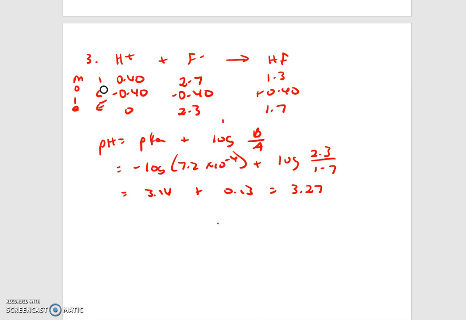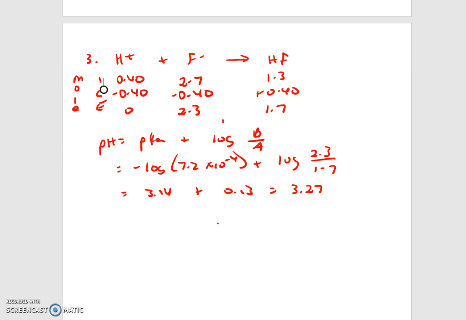Hydrochloric acid is a strong acid, so when I add it to my buffer solution, I know it's going to react with the base in my buffer solution, which is my fluoride ion. So my reaction is the hydrogen ion is going to react with the fluoride ion to produce hydrofluoric acid. All of my strong acid is going to react within my buffer capacity.